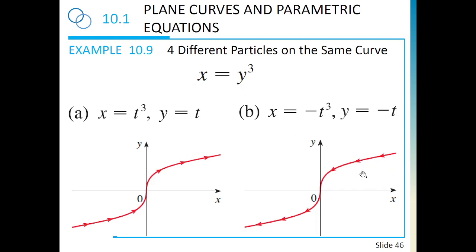Then I have the same shape, but it is traversed from right to left. So it's not exactly the same thing. Its shape is the same, but the particle is traveling in the first case from left to right. In case B, it goes from right to left. So the description of the movement of the particle is not the same, even though the Cartesian expression is the same.